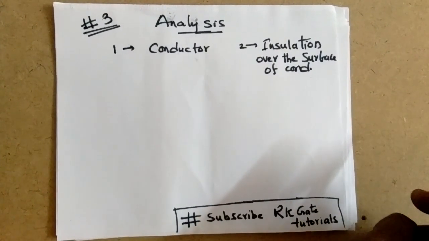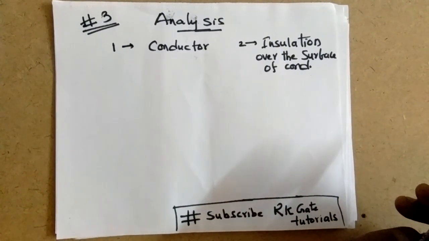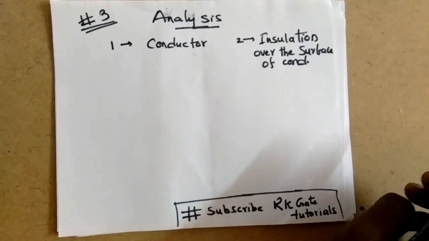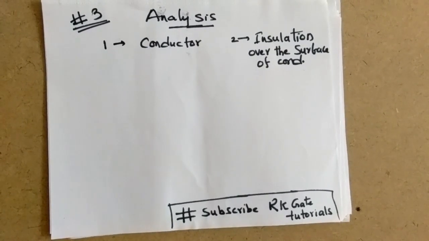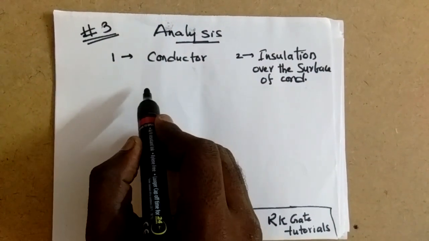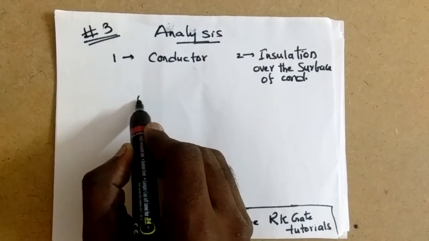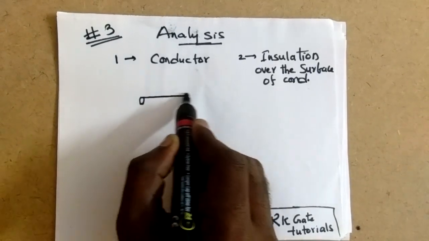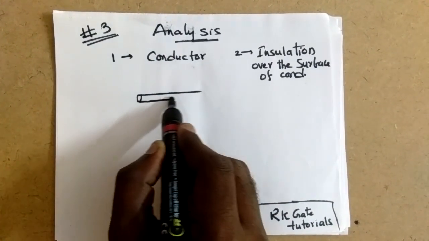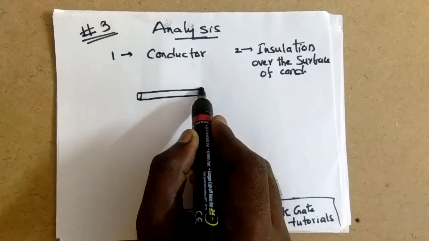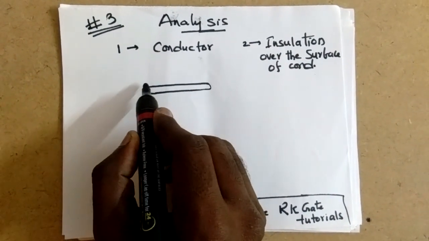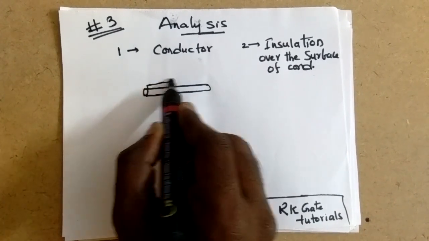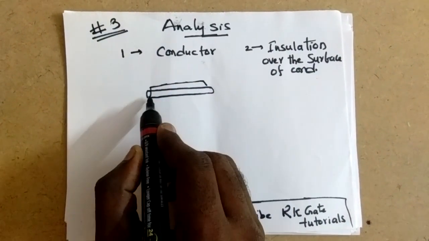So what happens in open circuit faults? When the open circuit fault arises, what will happen? First, let us see what is conductor. What does it do? Let us see this diagram once. This is the cross section, and this is the conductor. Over a conductor there is an insulation.